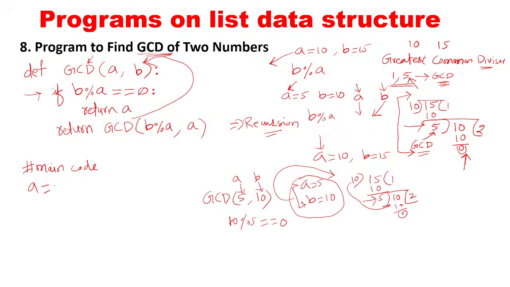Say for example, a value is 10 and b value is 15. Then I call the function and directly print: gcd is, comma, call the function gcd and pass a and b as arguments. That's it. This is your program.